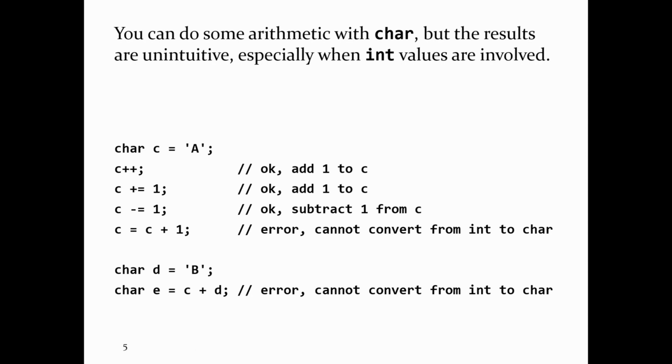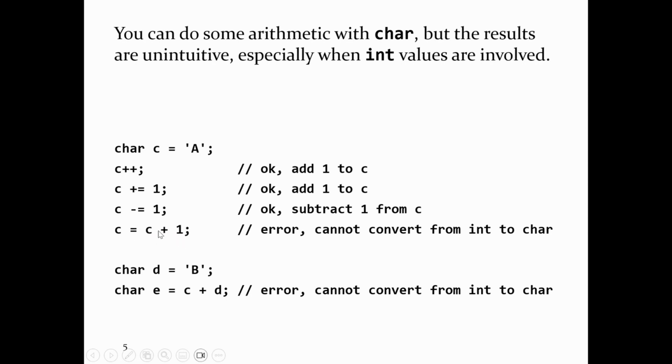Int is a bigger type than char, so the language won't let you store a wider type into a narrower, smaller integer type. Int is bigger than char, so you can't put an int value into a char variable, so that's why that doesn't work. But it's extremely confusing when you see this, because that works, and suddenly this does not work.